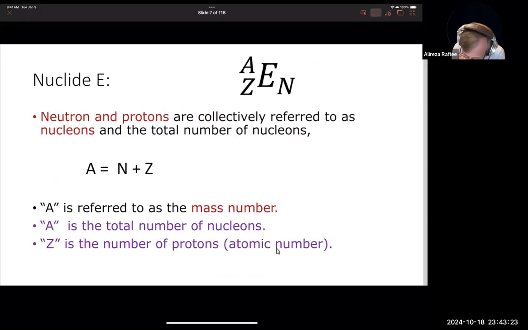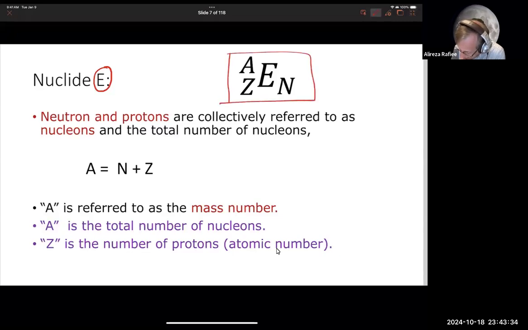In general, a nuclide with a symbol or element E is defined with this terminology. You will have, let's say, hydrogen, so this becomes the element E. The label is hydrogen, H. If it's helium, then the label would be He. If it's iron, then it would be Fe, and so on.